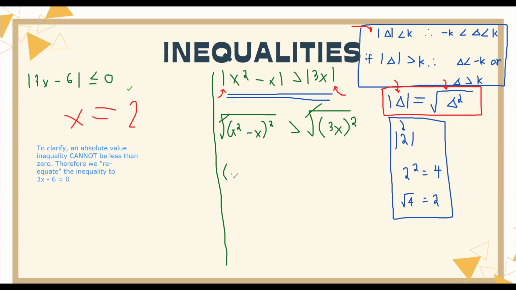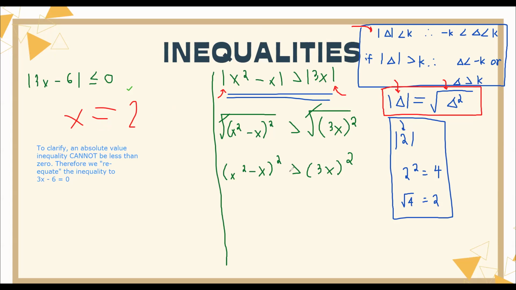We will be left with x squared minus x squared is greater than 3x squared. So far, what you will notice with these two equations that we have here is that when we are simplifying or solving some inequalities, they may inevitably lead to an equality, a linear equation. Okay? So continuing with number 2.